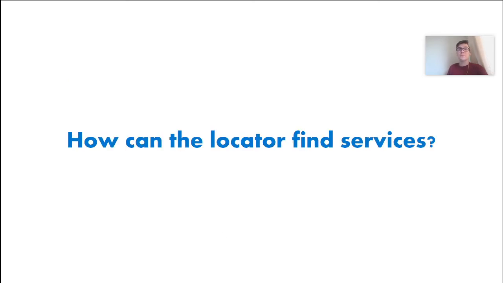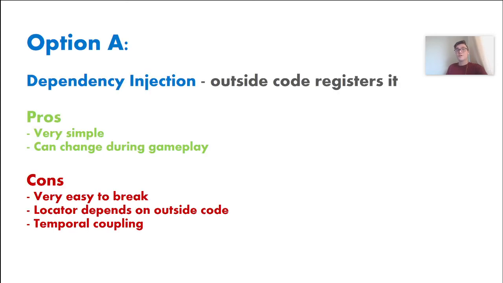But how can the locator find the services? Option A is to use dependency injection. And this means that outside code registers the service. It's the most common use case in games using the service locator pattern. It's fast and simple because we just return a pointer. We can control how the provider is constructed. We can change the service while the game is running.